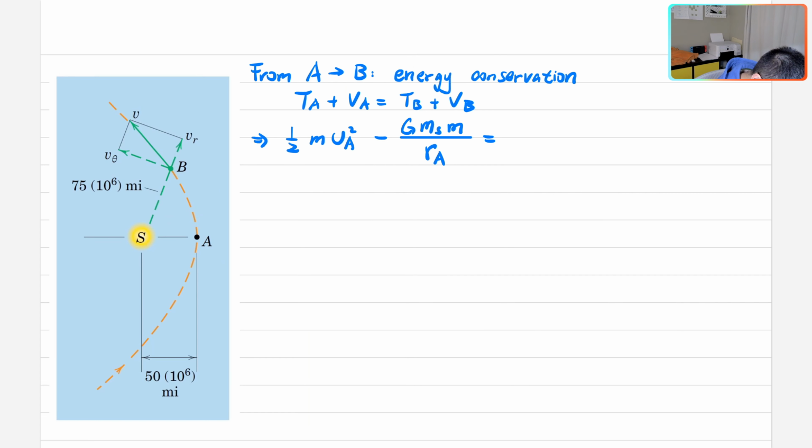And on the right-hand side, 1/2 mVB squared minus G, the sun, m, and RB. And you'll see that the mass of the comet itself is going to be cancelled.